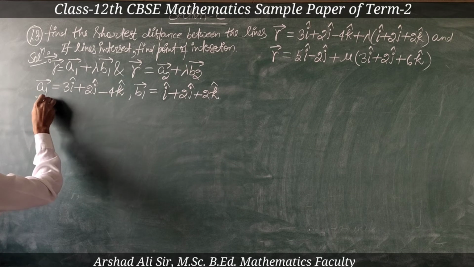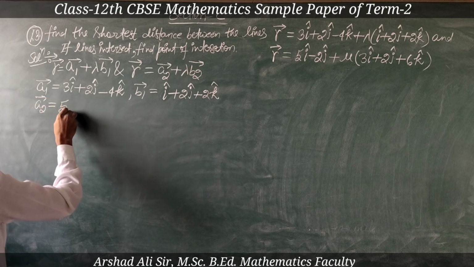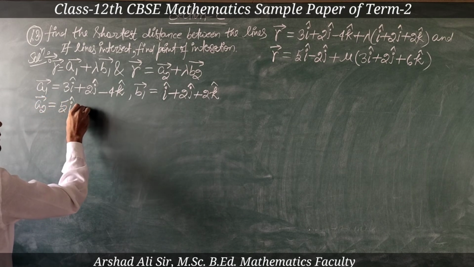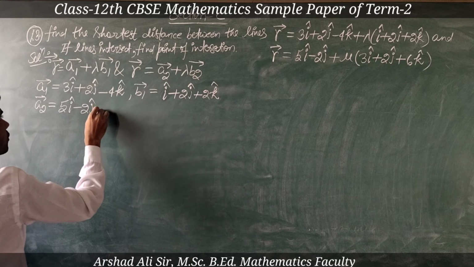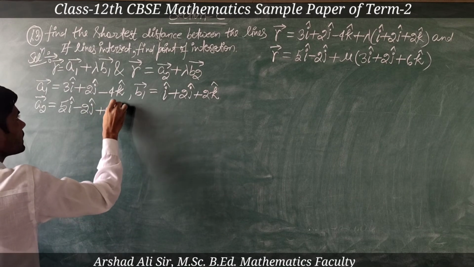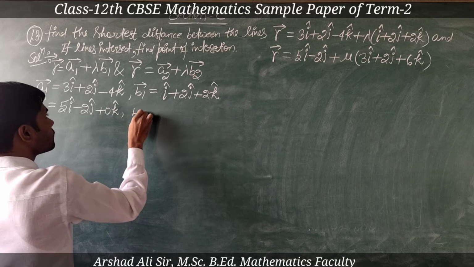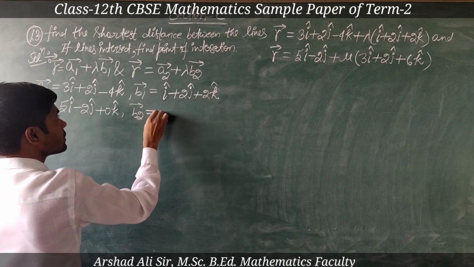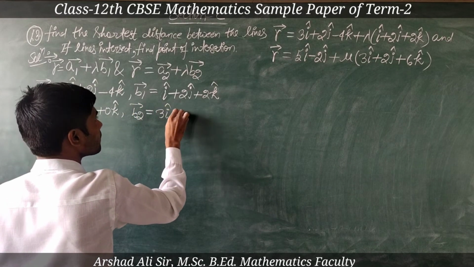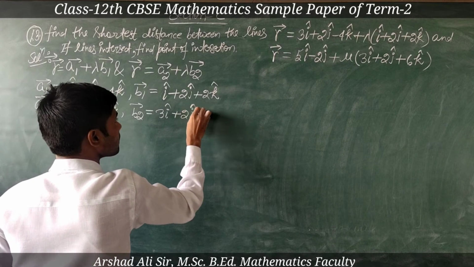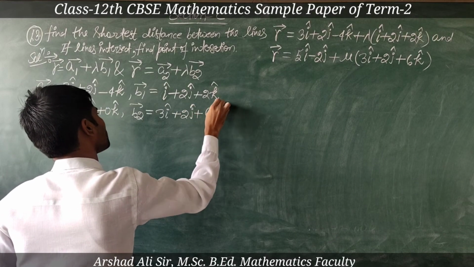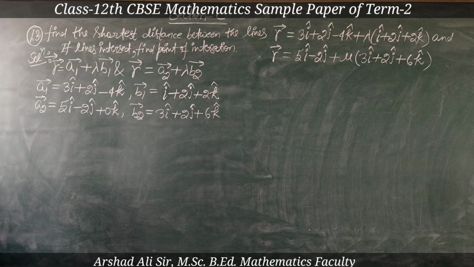A2 vector is equal to 5i cap minus 2j cap, or we can write 0k cap. Okay. So B2 vector is equal to 3i cap plus 2j cap plus 6k cap. So now we have all the values of A1, B1, A2 and B2.